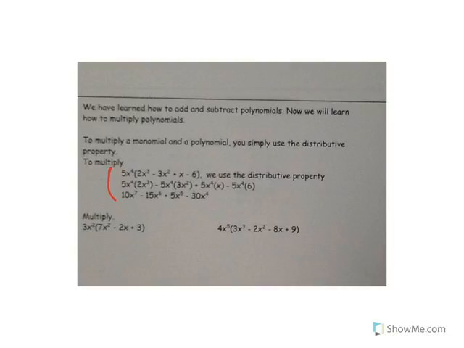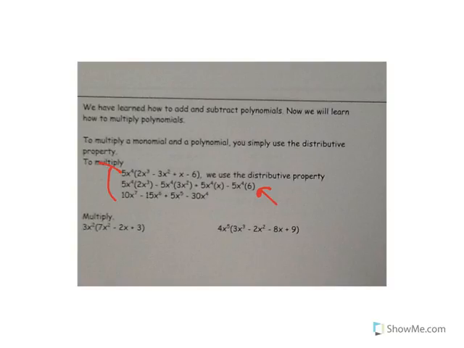So if you have this problem here, 5x to the fourth times, in parentheses, 2x to the third minus 3x to the second plus x minus 6. What you're going to do is multiply the 5x to the fourth times each and every one of those terms. The example uses the distributive property to show that you're distributing that 5x to the fourth.